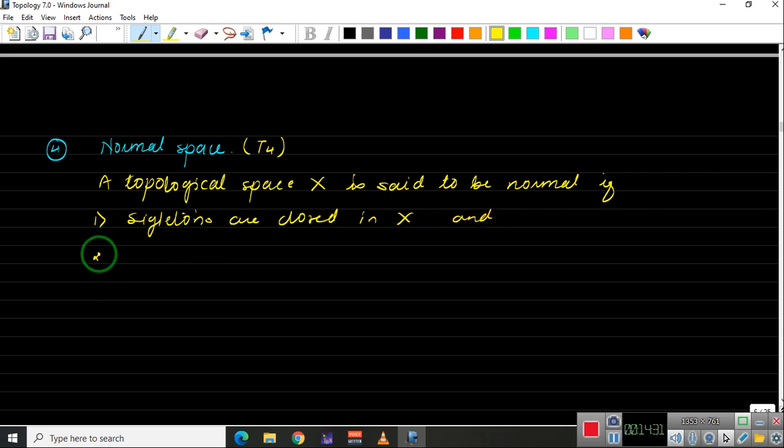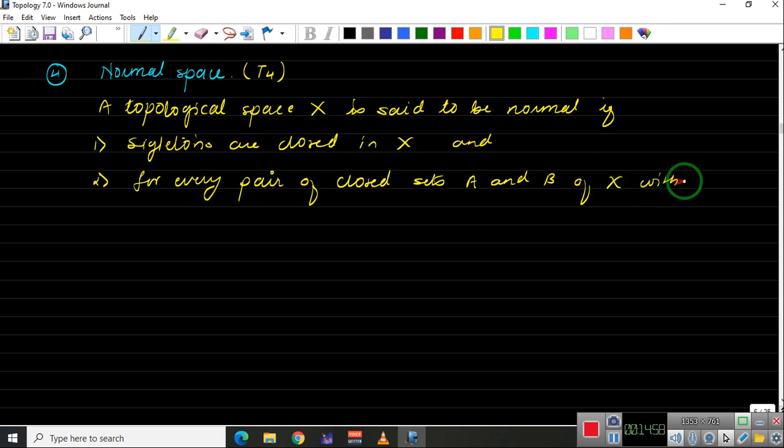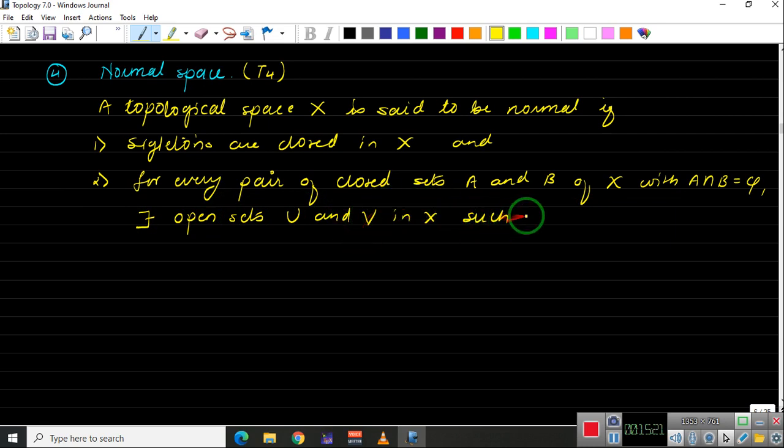And the second one: for every pair of closed sets, say A and B of X, which are disjoint, so A intersection B is equal to empty, there exist open sets, say U and V in X, such that A will be contained inside U, B will be contained inside V, and U intersection V is equal to empty. So they are disjoint.